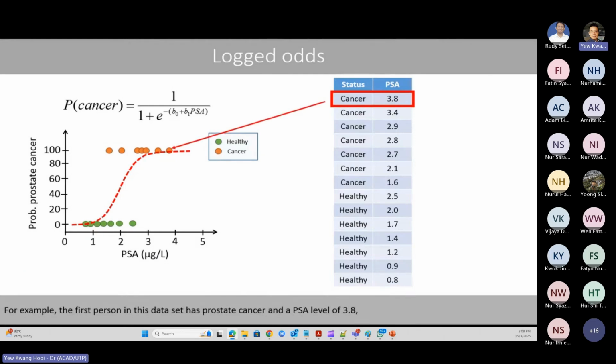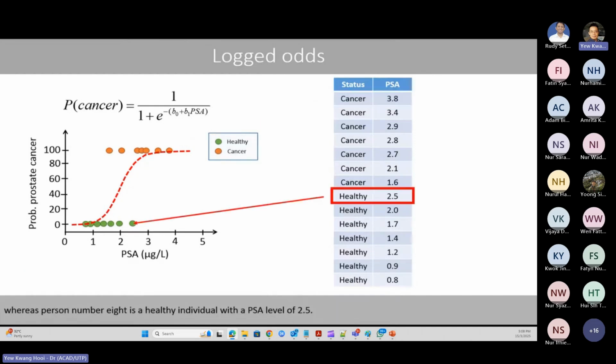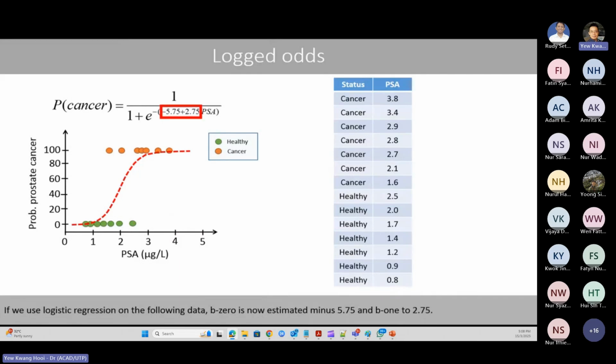For example, the first person in this dataset has prostate cancer and a PSA level of 3.8, whereas person number 8 is a healthy individual with a PSA level of 2.5. If you use logistic regression on this data, B0 is now estimated to be minus 5.75 and B1 to be 2.75.